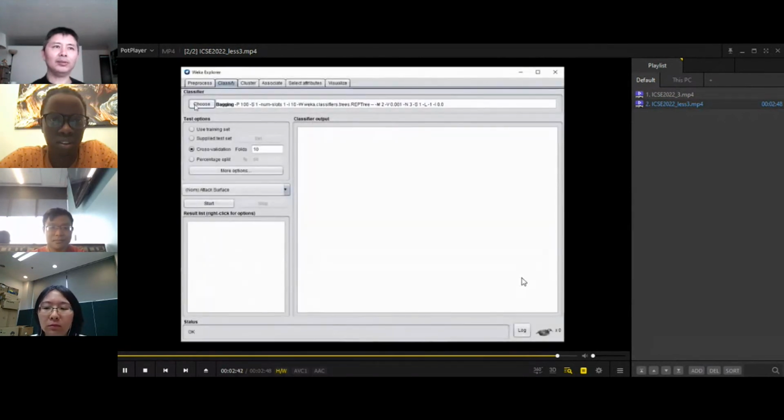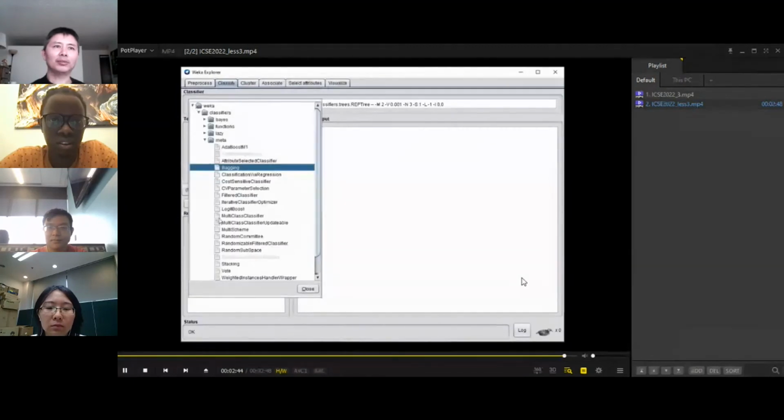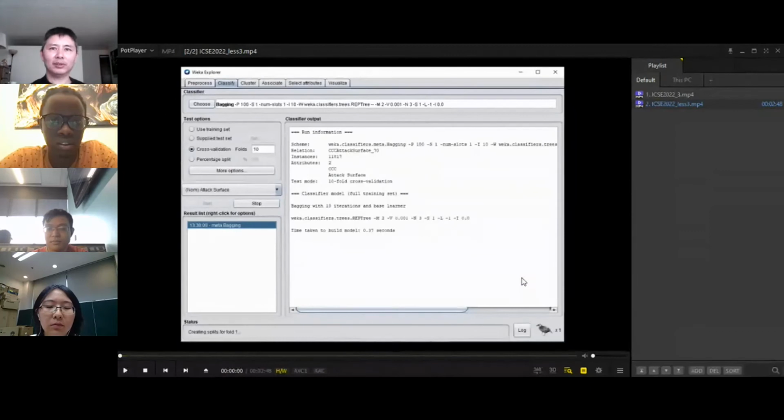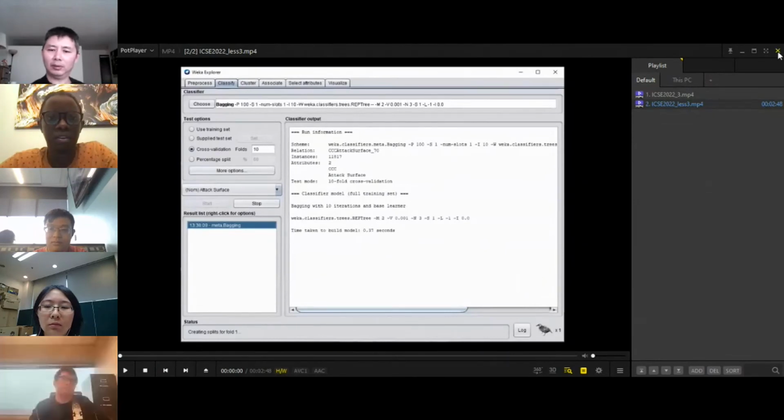And I use WEKA to perform bagging supervised learning to classify quality metrics. Okay, my demo is over.